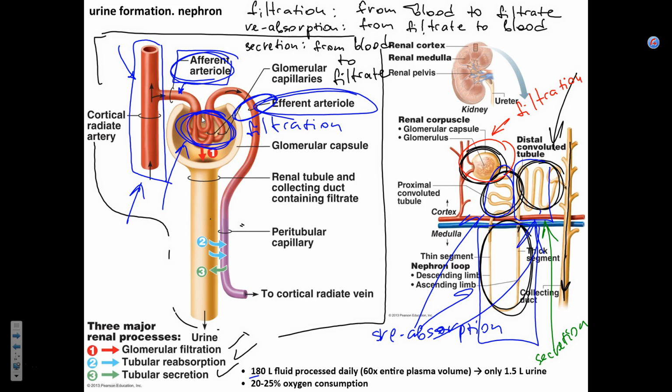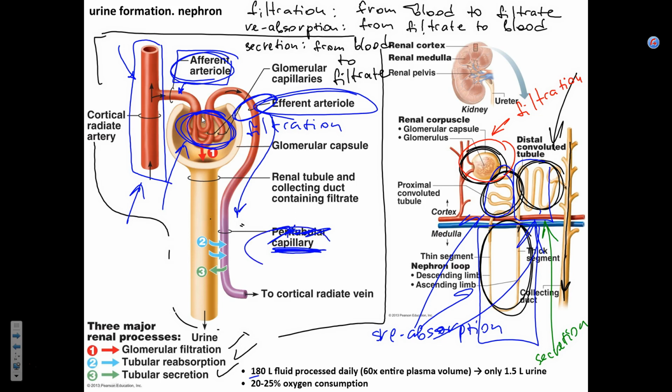Now, the afferent arteriole branches into the glomerular capillaries. Glomerular capillaries drain into the efferent arteriole. Now look where the efferent arteriole goes. Into the, forget about this word, into the capillary, right? Another set of capillaries. Does that make sense?